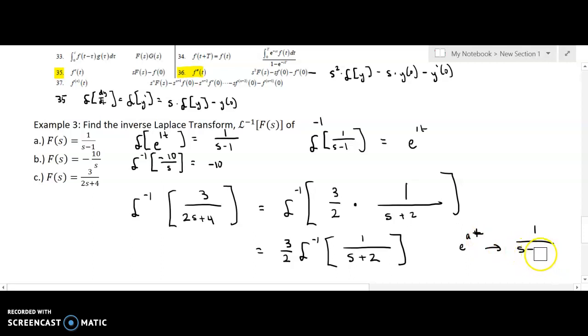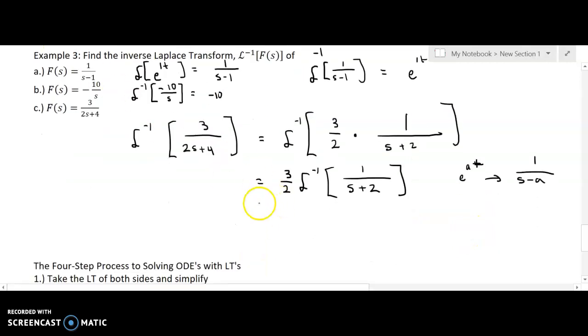So if this is positive 2, then this has to be negative 2. And to make that more explicit, we can actually take one more little algebraic step and say this is 3 halves times the inverse Laplace of 1 over s minus negative 2. And so in this way I can see more clearly that my a value is negative 2.